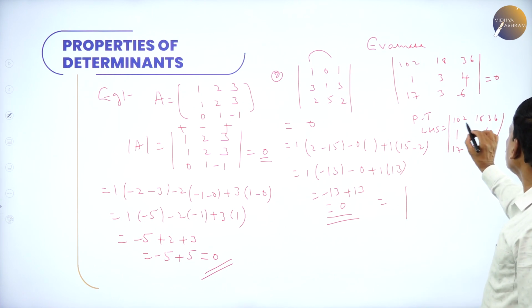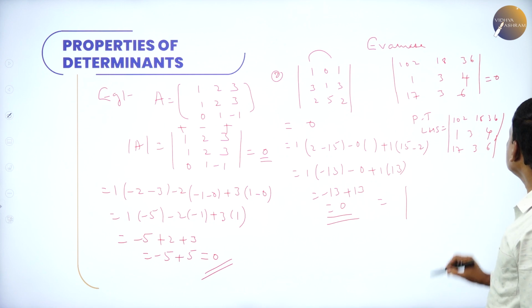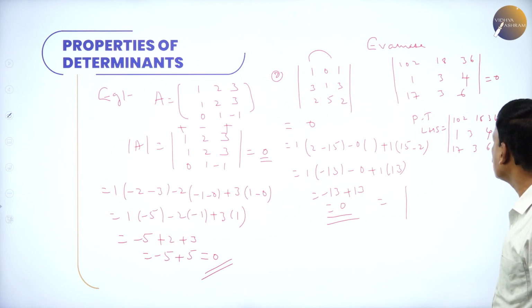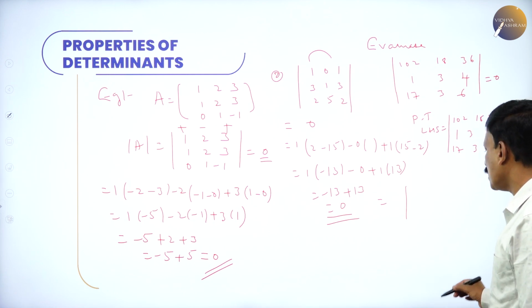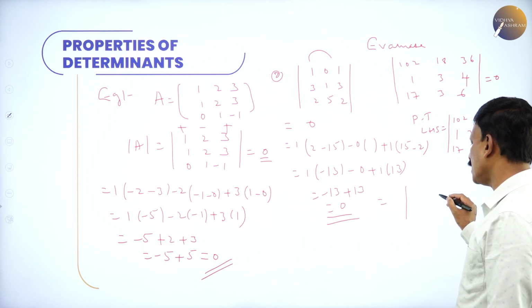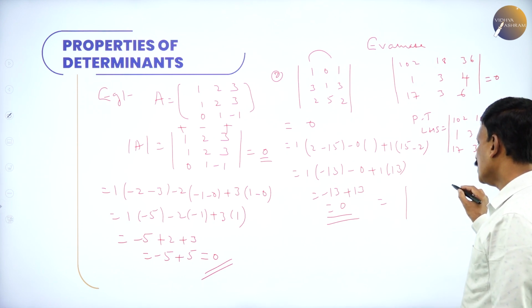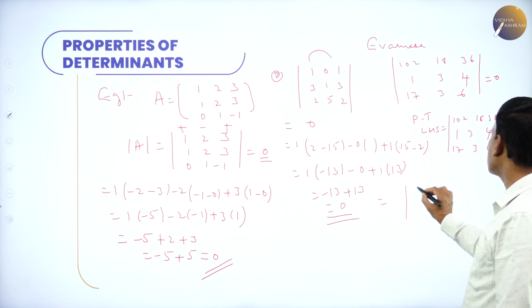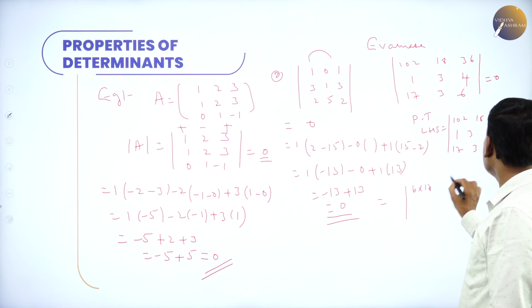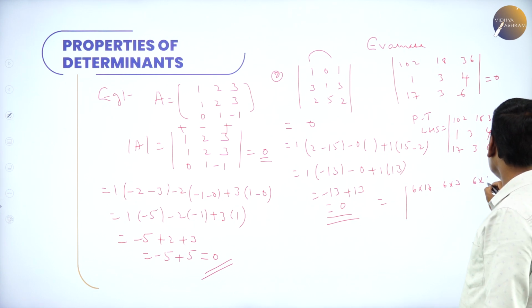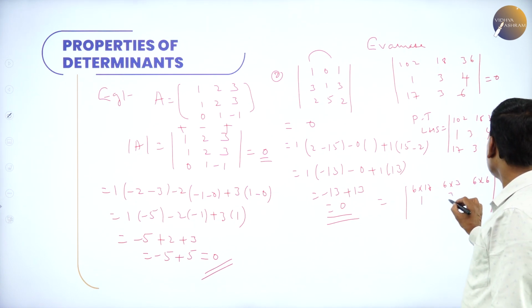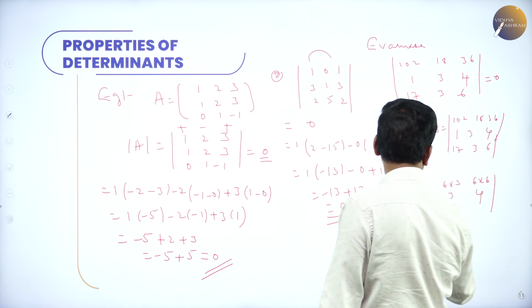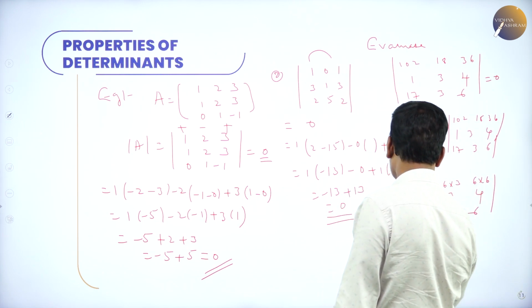Check 102, 18 and 36 are the factors of 6. So 102 can be written as 6 into 17. Again, 6 3s are 18, 6 6s are 36. 1, 3, 4 same. This is 17, 3, 6 as it is.